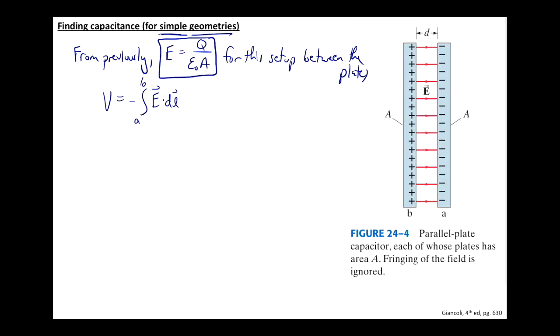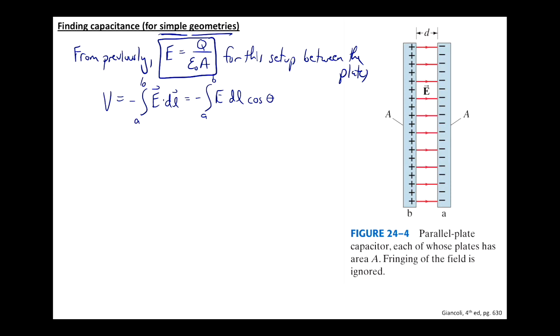So we can rewrite this as minus the integral from A to B of E dl cosine theta. And what is theta in this case? Any thoughts? Is it 0? Could be 0. That's an option.